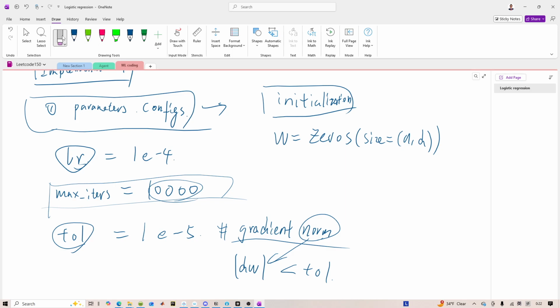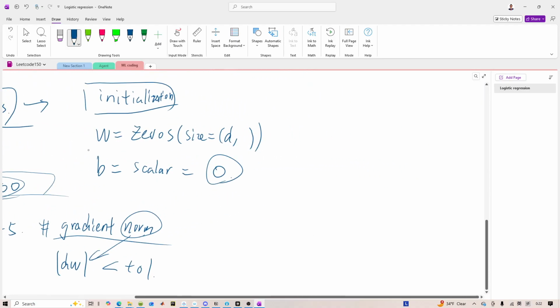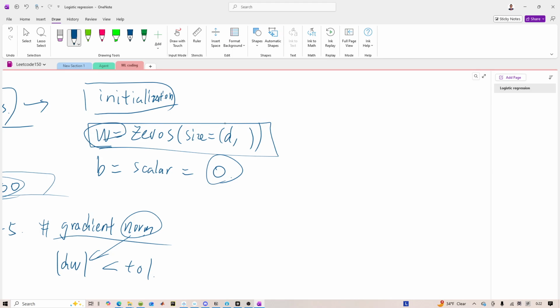This weighting factor is only of size d, because each feature has one weight. And b, the bias, is a scalar, which could be initially 0. For initialization, we could also use randomized initialization for omega, but 0 is okay for this specific algorithm.